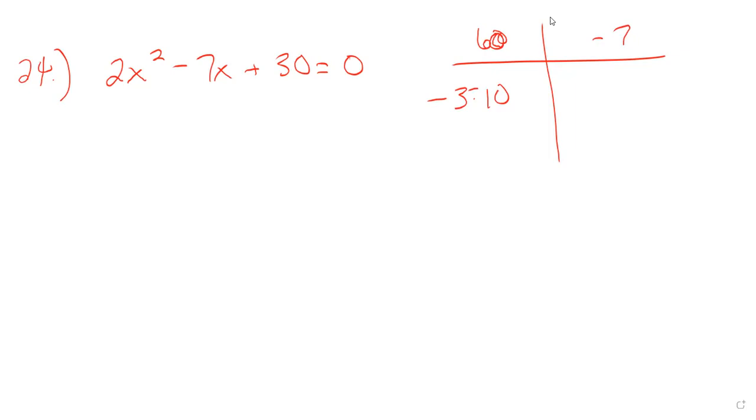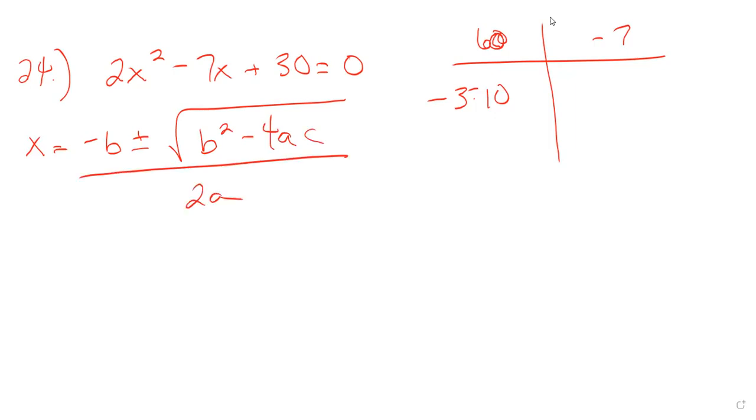Now, again, this is something that I believe we cover a little later on in this class. Let me write it out for us. The quadratic formula says x equals negative b plus or minus the square root of b squared minus 4ac all over 2a. That's the quadratic formula.